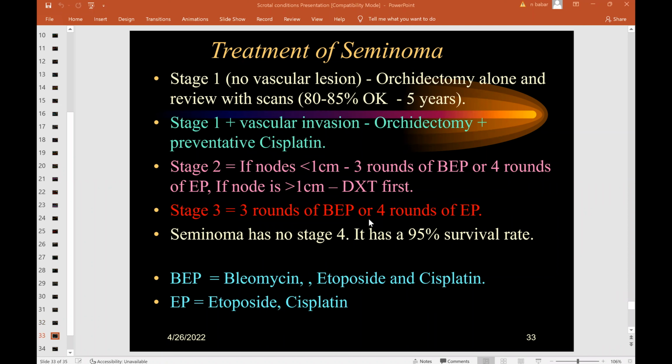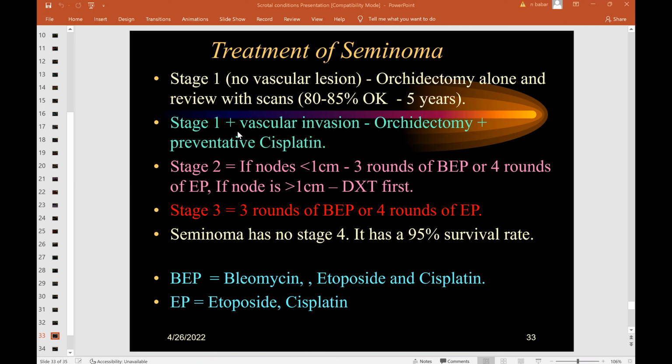So how does one treat seminomas? Stage 1, watchful waiting after orchidectomy with reviews regularly, scans and markers. 80 to 85% patients are okay at the end of 5 years.